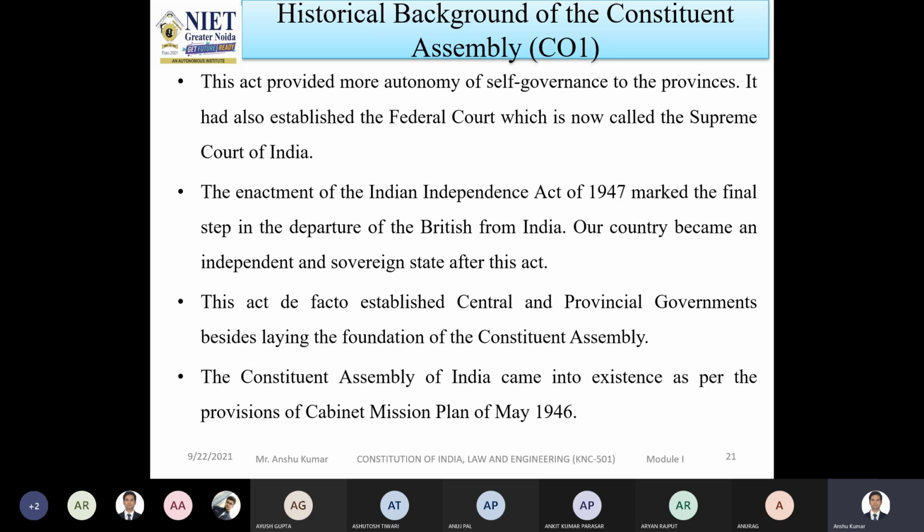Central-state relations are governed by the state list, central list, and concurrent list. It also laid the foundation stone of the Constituent Assembly.